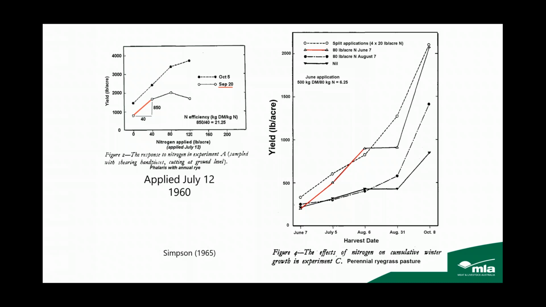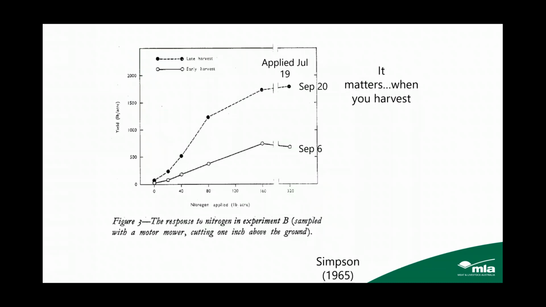But there is a bit of a time of harvest effect. So here is nitrogen applied on July the 19th. So we're right in the middle of winter again. But if I harvest early, at 40 kilos, this is the extra growth, if you like, that was achieved. There's hardly anything. If I leave it for a bit longer, then I'm getting a fair bit back.